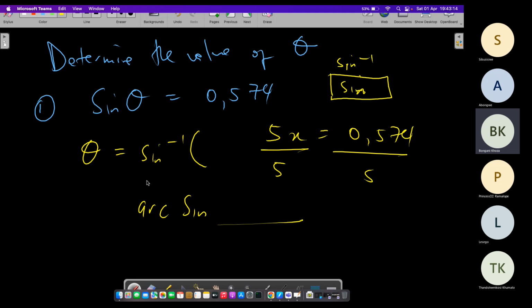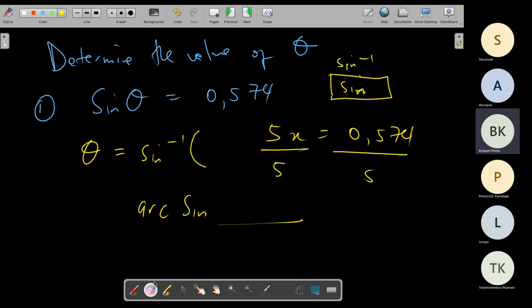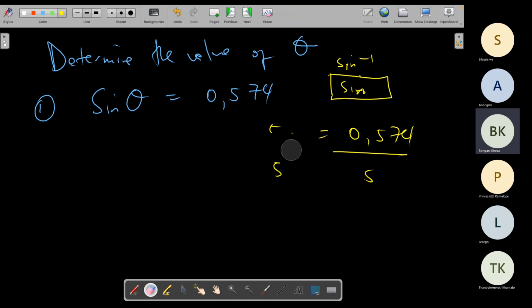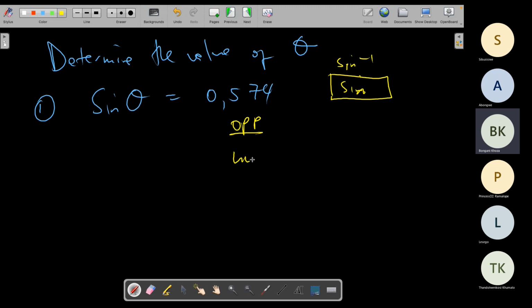All right, so what we were saying is this. Let's erase all of this and start again. We are asked to find the value of theta, right? So theta, what's the actual angle if we are given this? Remember we said sine theta is just opposite over hypotenuse.